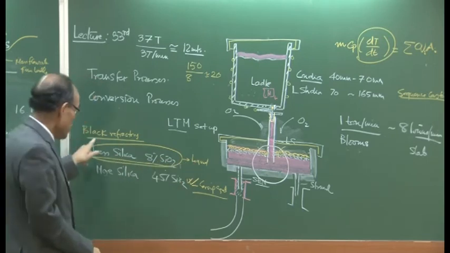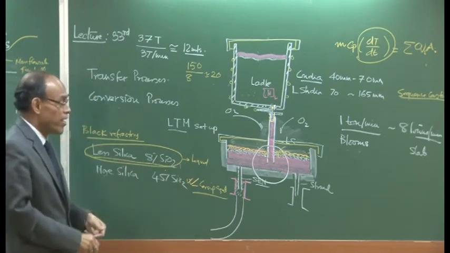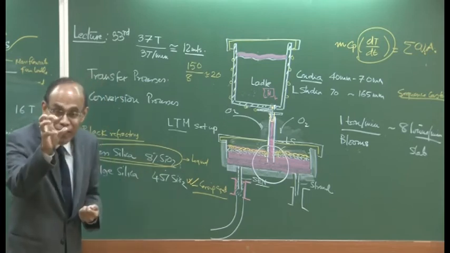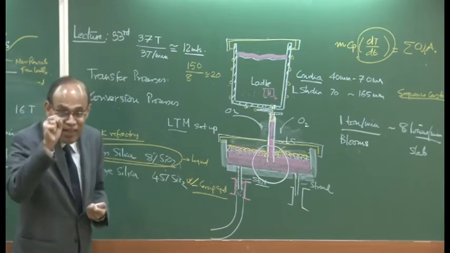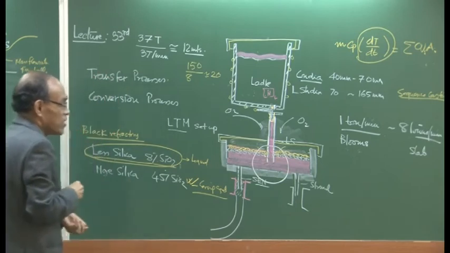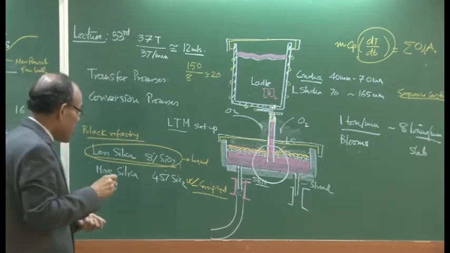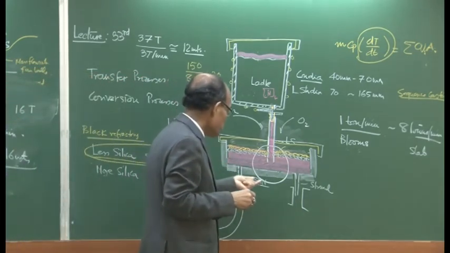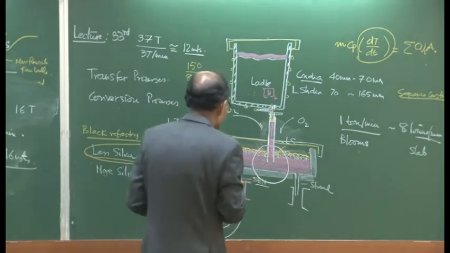This composition has been engineered in such a way that it becomes liquid and is friendly to the rising inclusions, so that it can capture the inclusions without much problem. Okay?